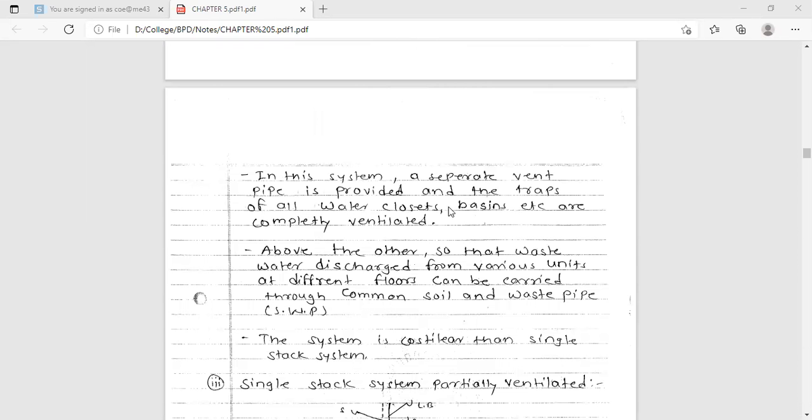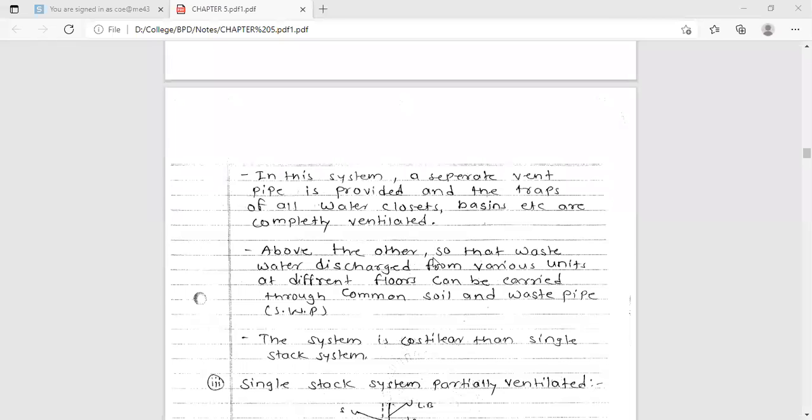In this system, a separate vent pipe is provided and the traps of all water closets, basins, etc. are completely ventilated. Okay, for ventilation purpose, to remove whatever foul gases or hot air are there, we are going to provide the vent pipe.